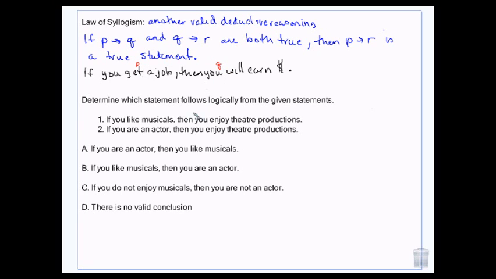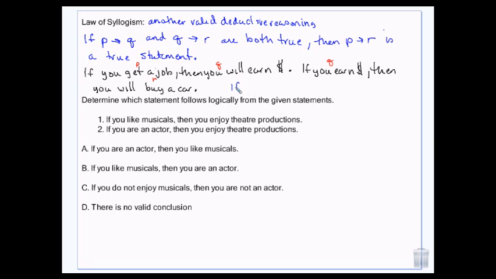This is P, this is Q. If you earn money, then you'll buy a car. Earn money was Q, so this is R. So if you get a job, then you will earn money. True. If you earn money, then you will buy a car. True.